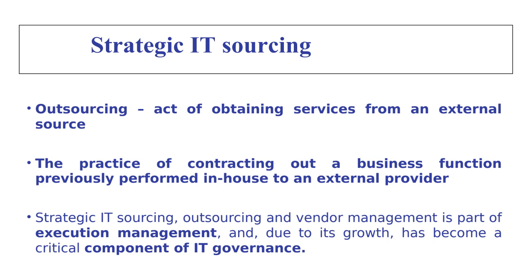Meaning, a service we used to do here before, let's say maintaining our website, but then we decide to have another party do it, an external party, for example. This is part of executive management's decision on eSCM. This is a leadership decision.